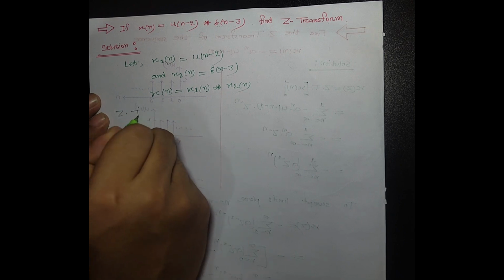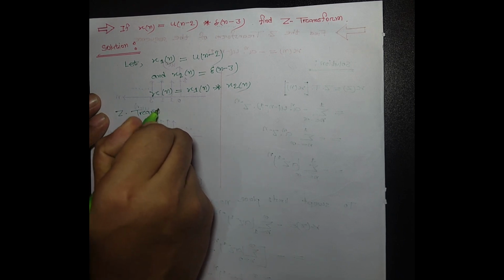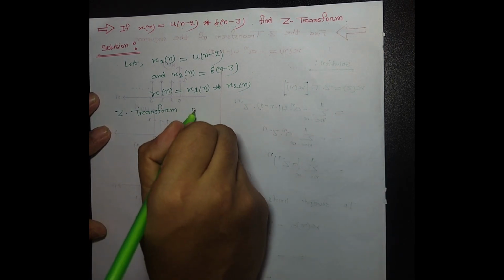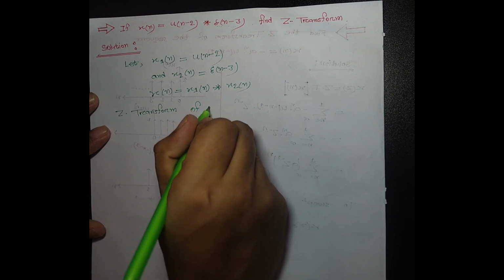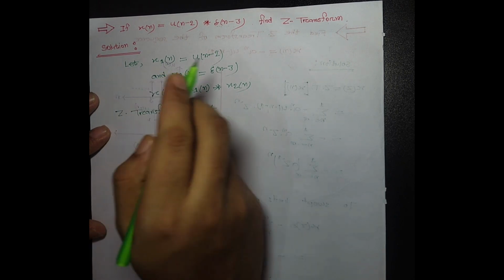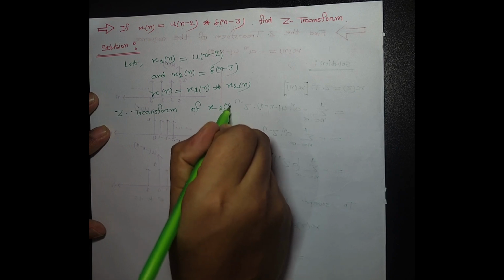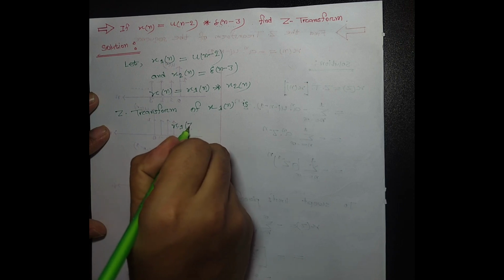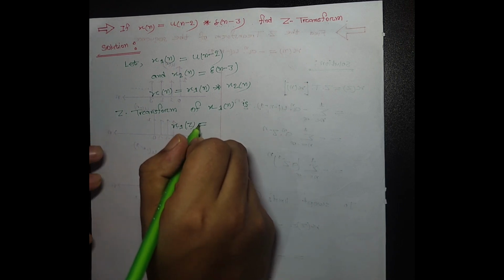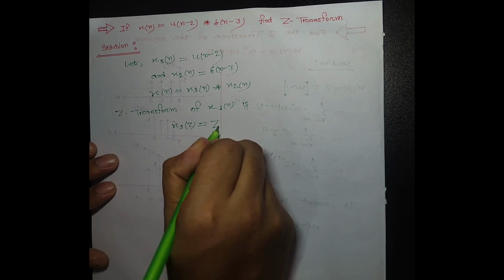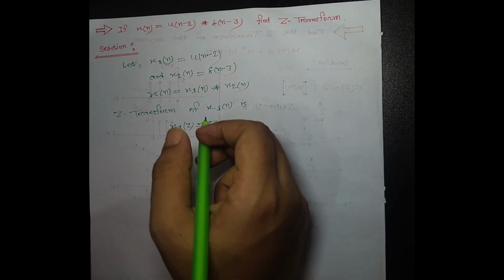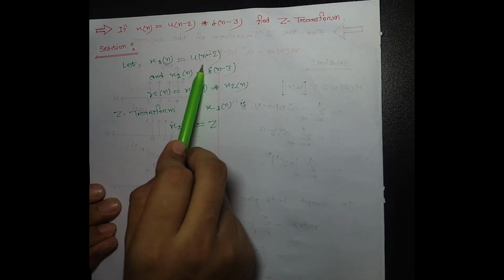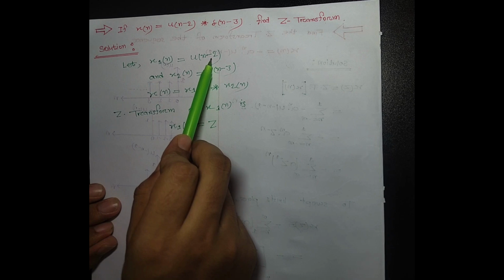Z transform of x1 n is X1 z equal to, here we use the time shifting property and the shifting is minus 2.